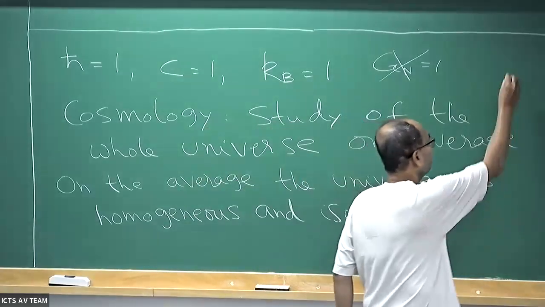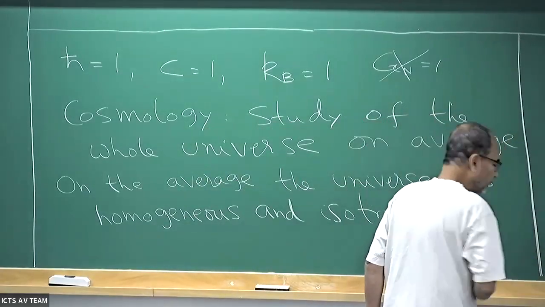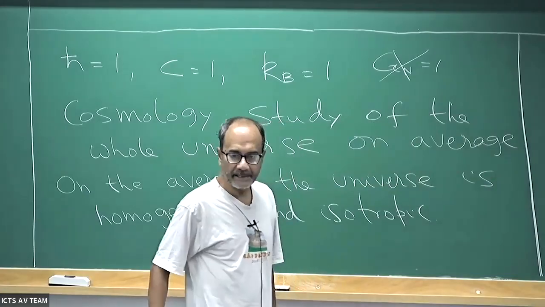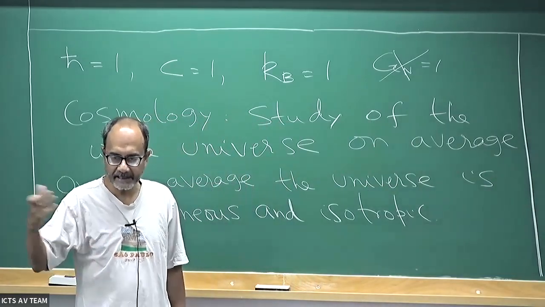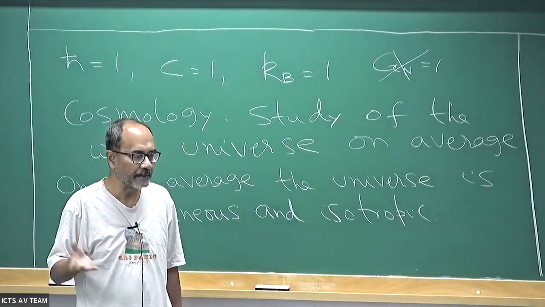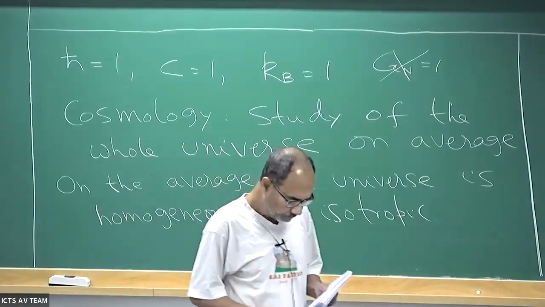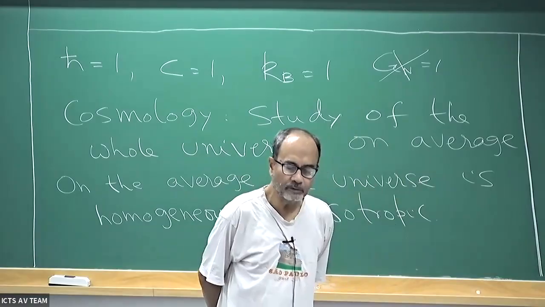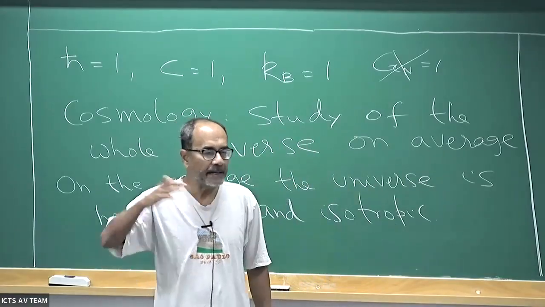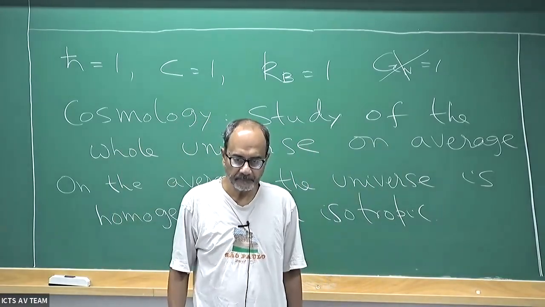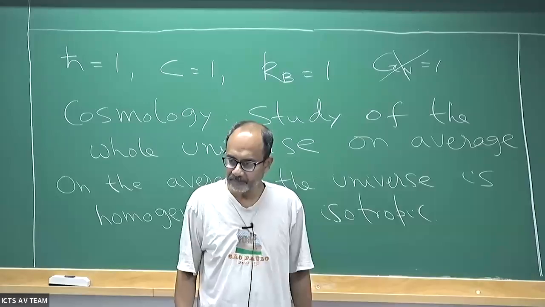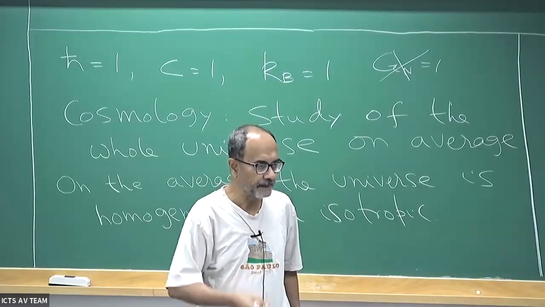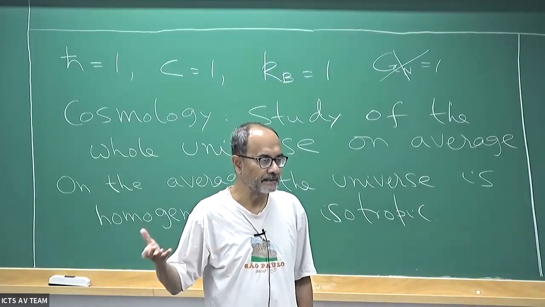Isotropy may sound similar to homogeneity, because if the universe is the same everywhere, then how can it look different in different directions? A simple example: imagine that you have a uniform electric field in space, in some z direction. Then different points in space feel the same thing.